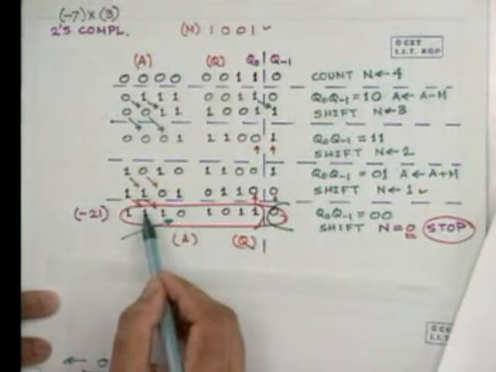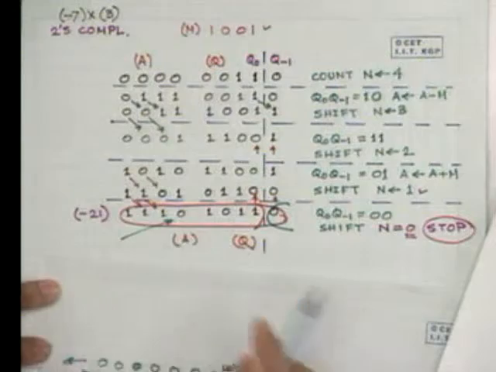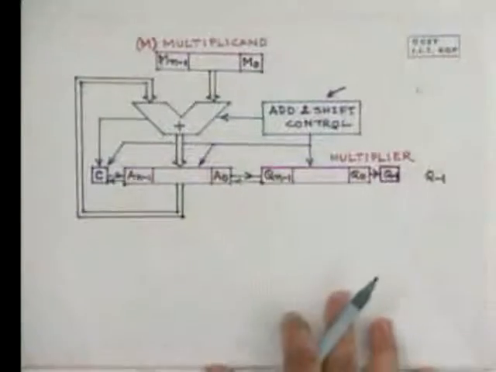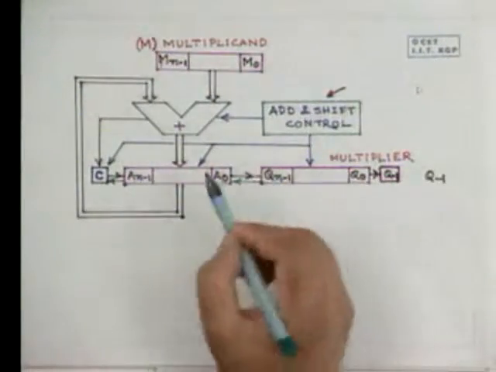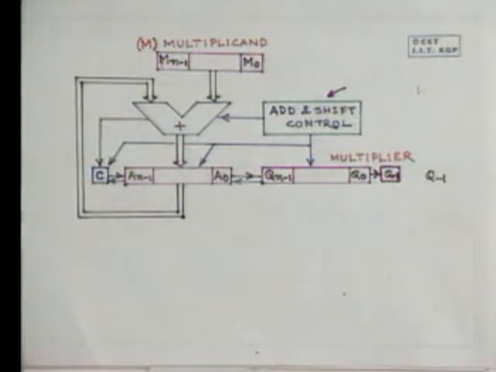You will find that the result will be left in the A and Q registers taken together as the representation of the number, either positive or negative, in 2's complement form. That is our Booth's algorithm, and the simple circuit that we use to do this, I will say, will be used for division also, which I will be discussing in the next class.